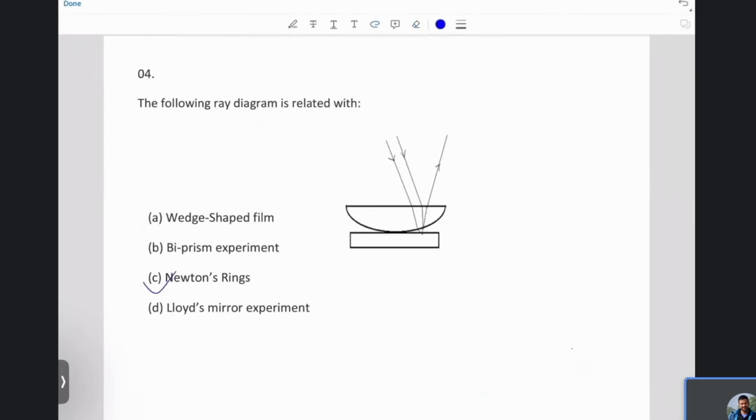Okay, this is your plano convex lens, and this is the glass plate, and this is the thickness of the thin air film that you have between the glass plate and this lens.